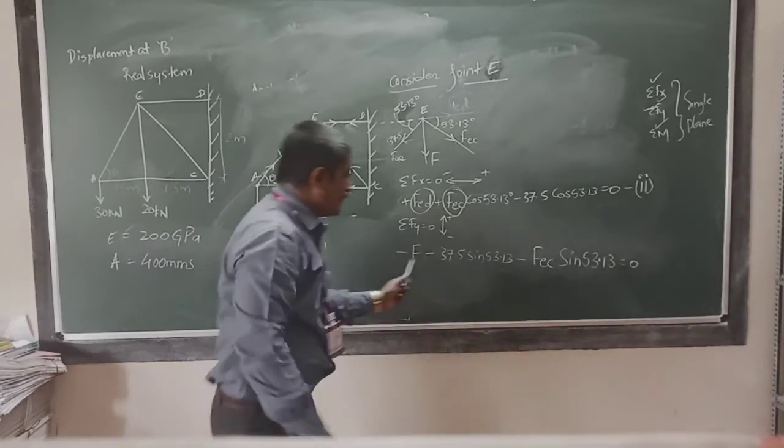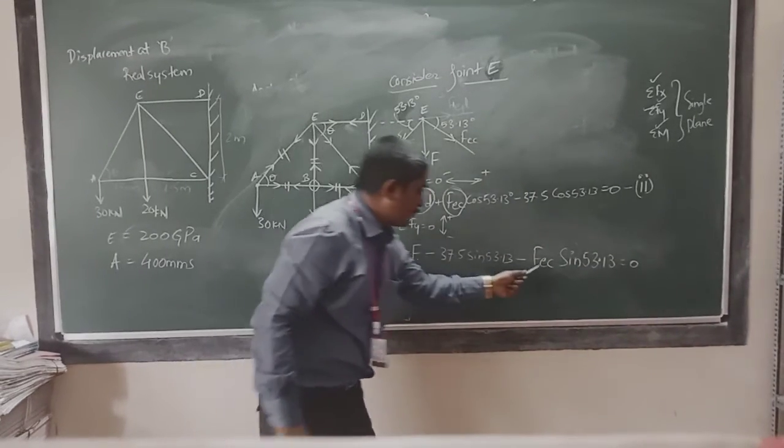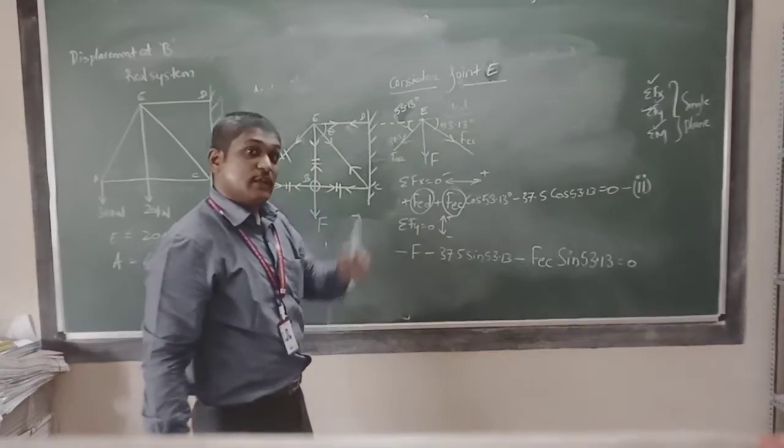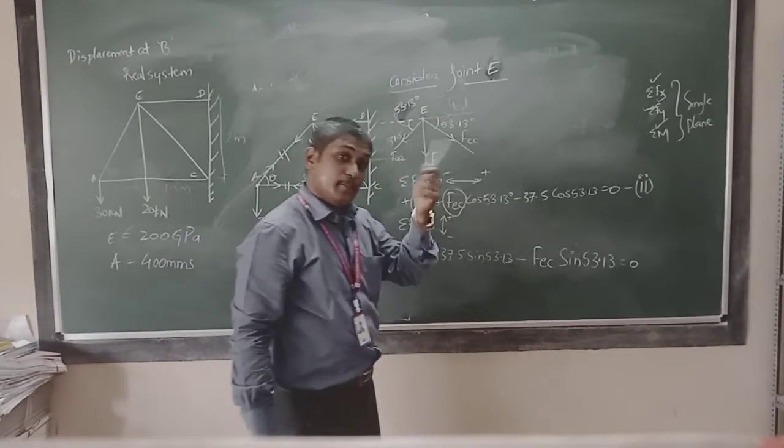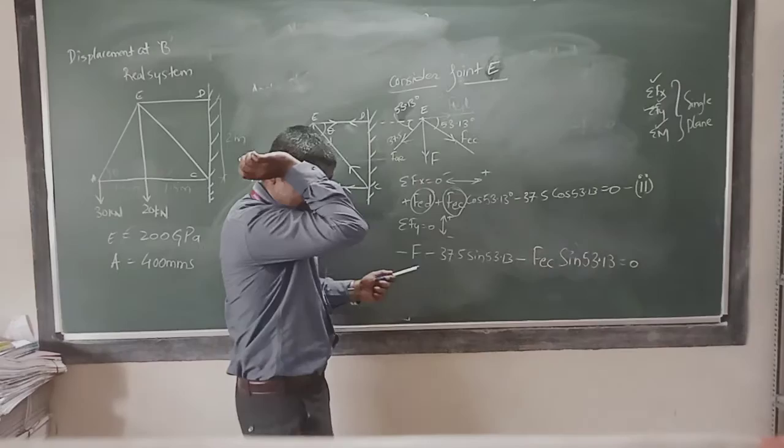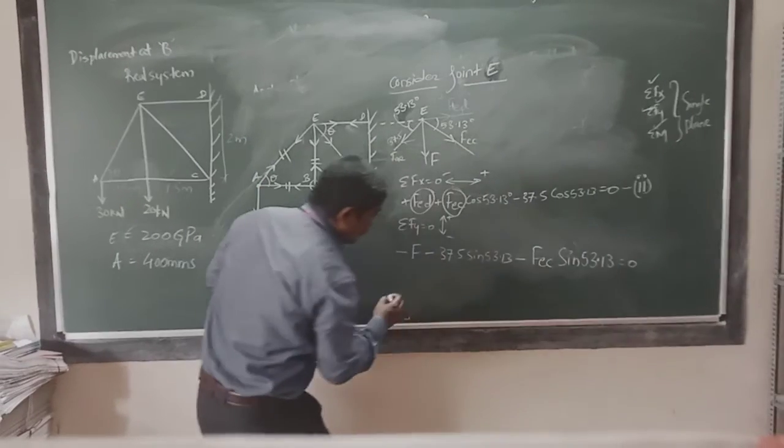Now you have to keep this FEC in terms of f, so that finally when we use the partial derivative, we can eliminate this f and we will get the answer there.